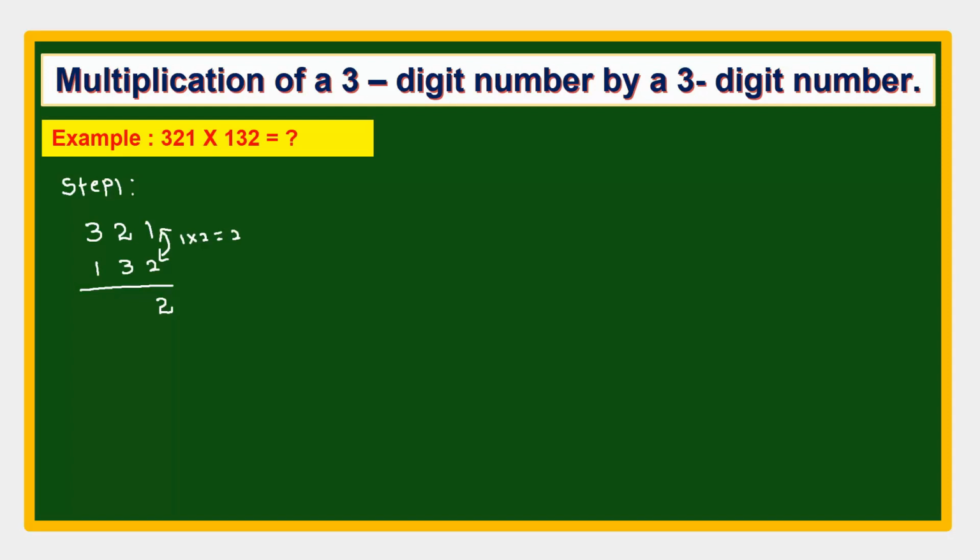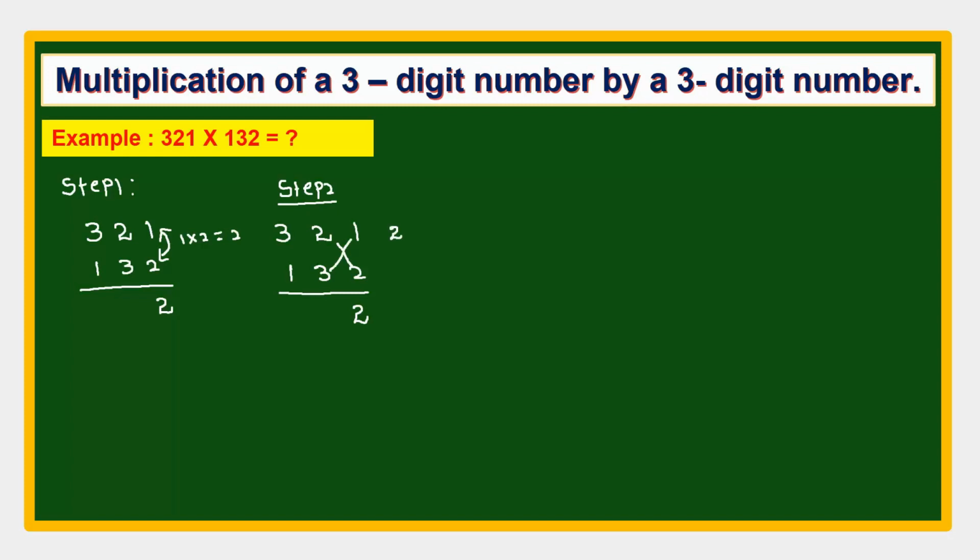Right. In the next step 2, 321, 132. Already these two we performed. So answer 2. Right. Now what we have to do is cross multiplication. It means multiply 2 by 2 and multiply 3 by 1.